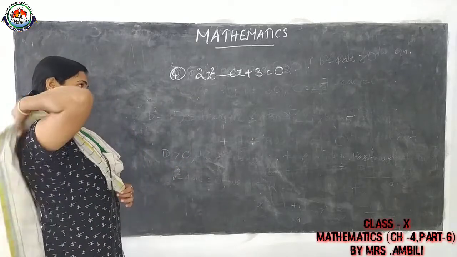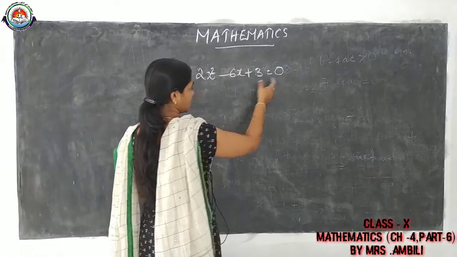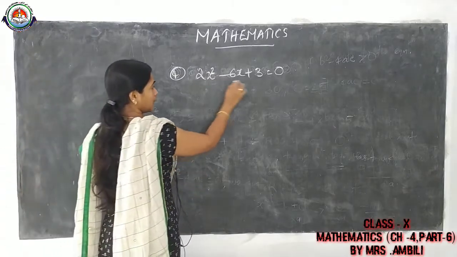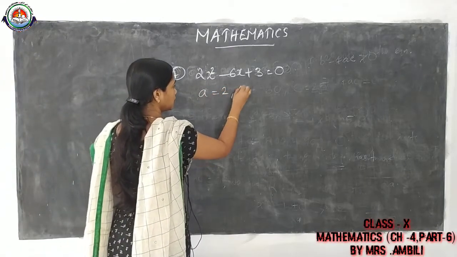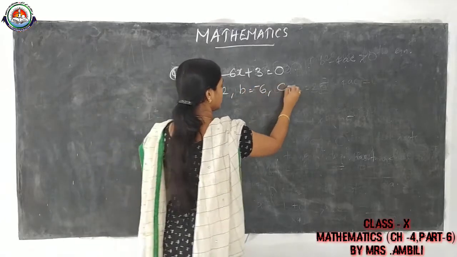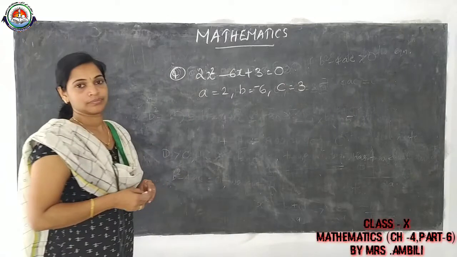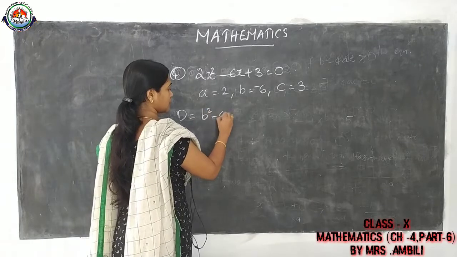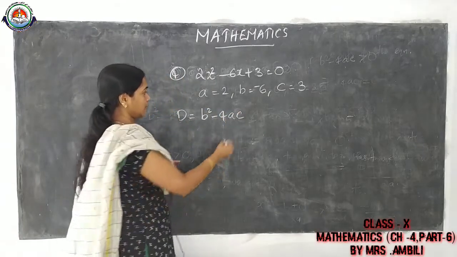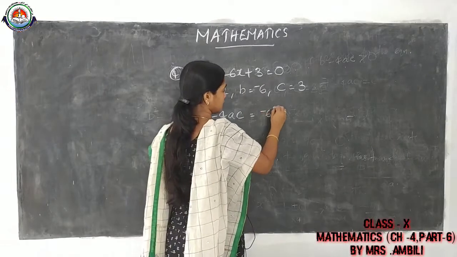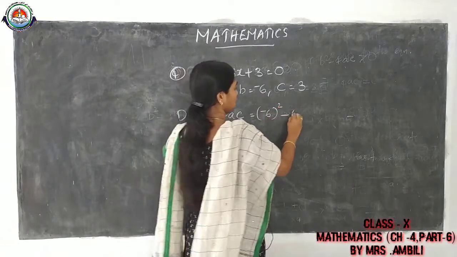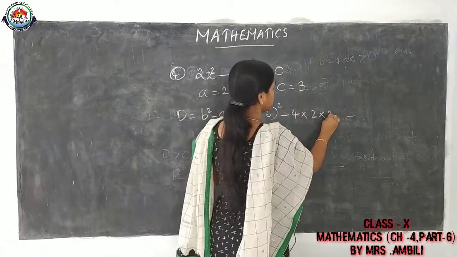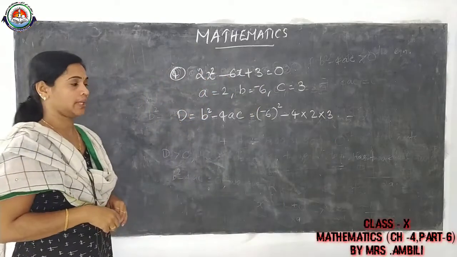Okay. So here, look, 2x square minus 6x plus 3 equal to 0. Nature of the roots means you need to find out b square minus 4ac. So compare this equation, what will we get? A equal to 2, b equal to minus 6, c equal to 3. So what is the D? Discriminant b square minus 4ac equal to minus 6 square minus 4 into a, what is a? 2, into c, 3.